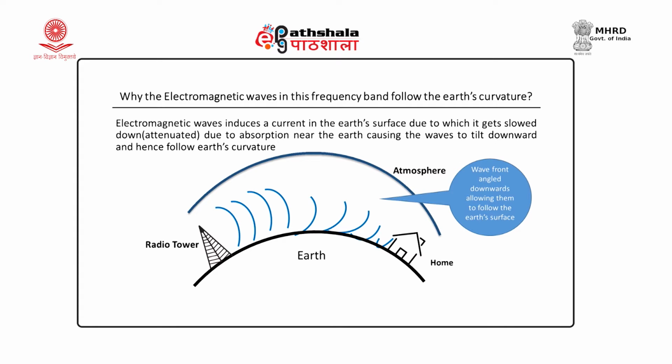When they are attenuated, the waves will be tilted downwards and hence follow the earth's curvature. You can see in the diagram also that as the waves go, the tilt towards the earth keeps increasing, right. And you can also see that these waves nowhere interact with the atmosphere, they are very close to the earth's surface.